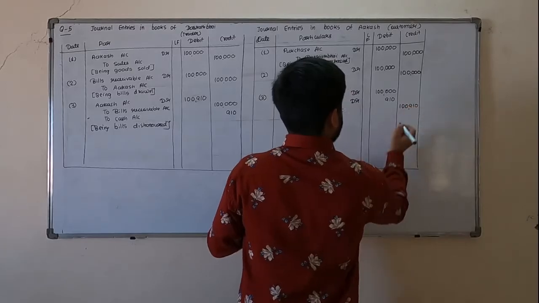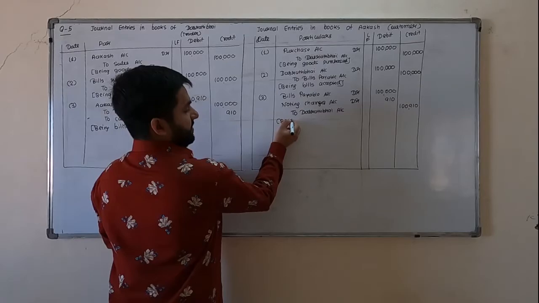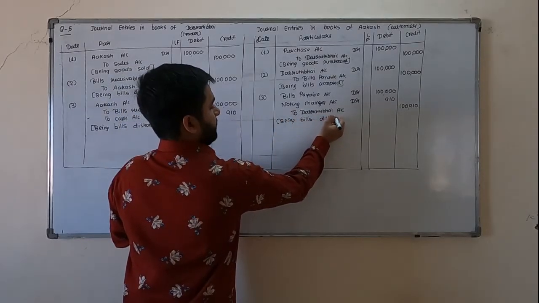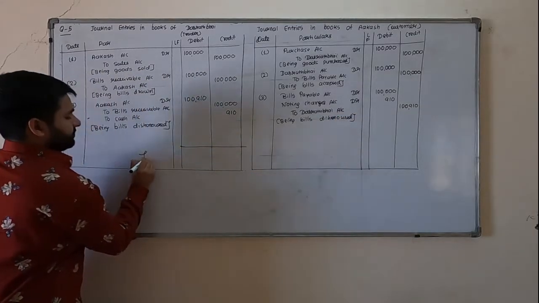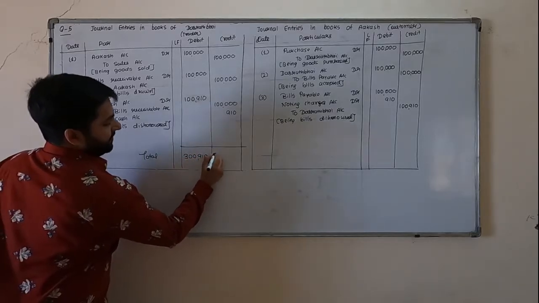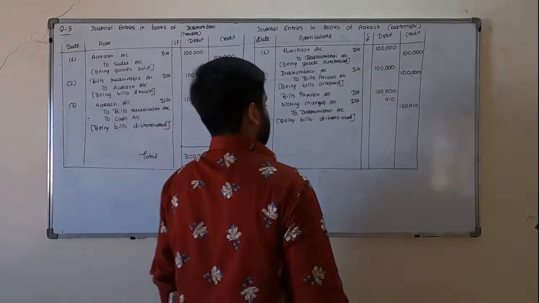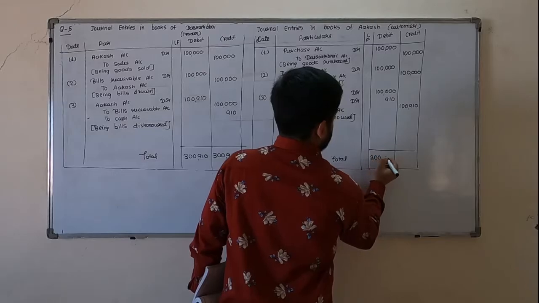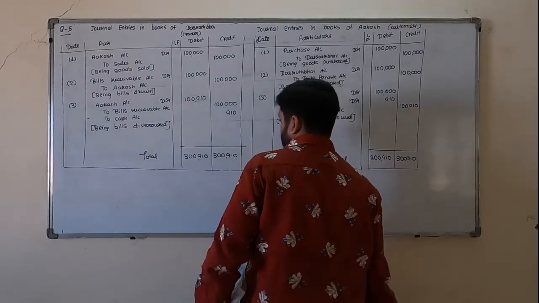So here it will be 1 lakh 910. Being bill dishonored. Sum is over. Total 3 lakh 910, both sides. Here also total 3 lakh 910. Okay.